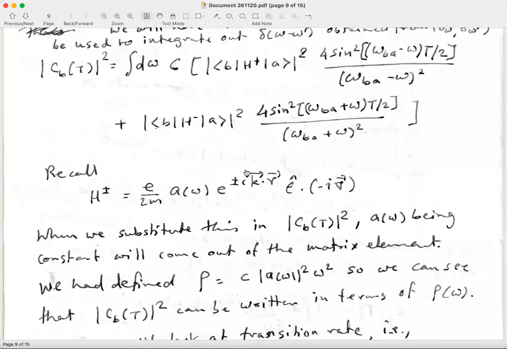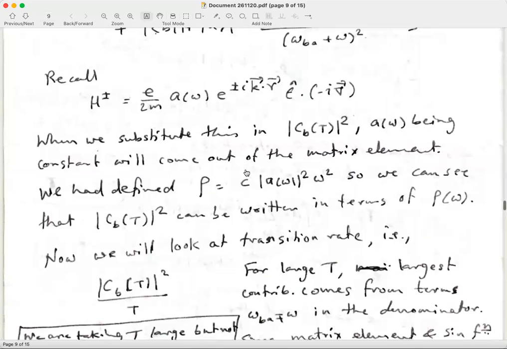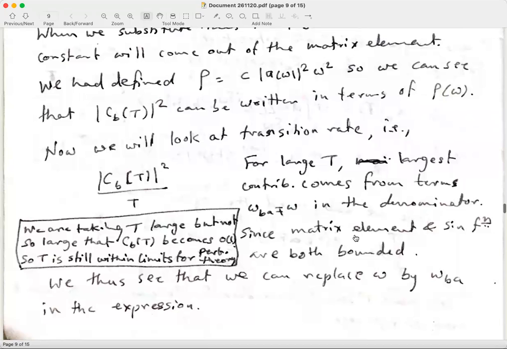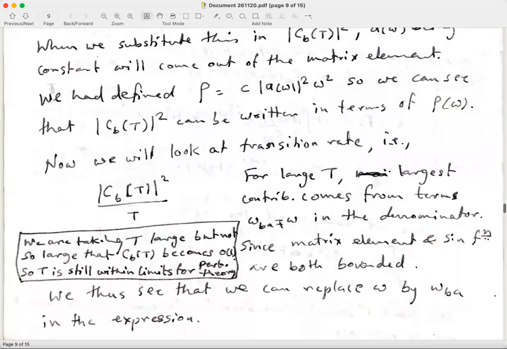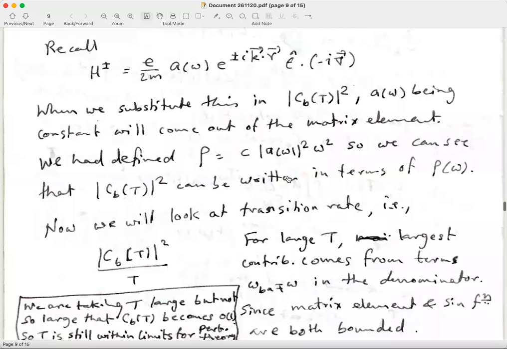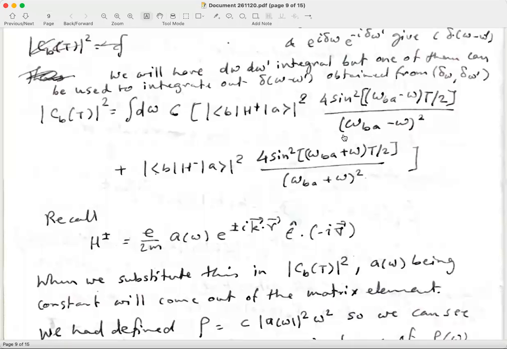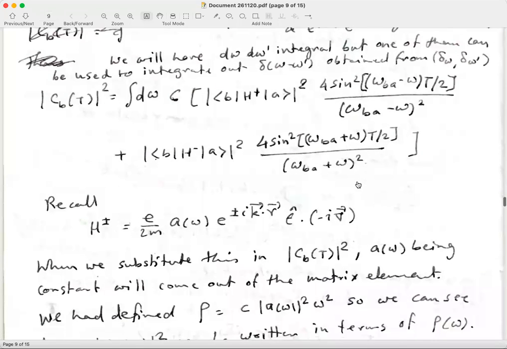So all other quantities are bounded. In that case, for large t, we can just replace omega BA by omega, since that is the dominant contribution.